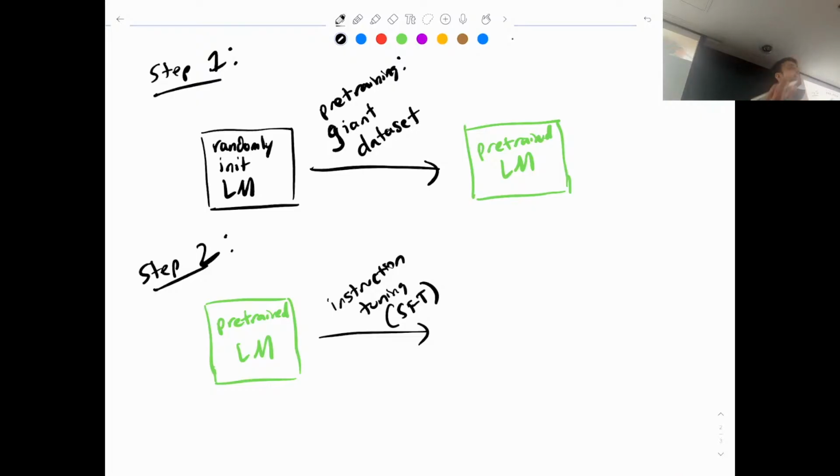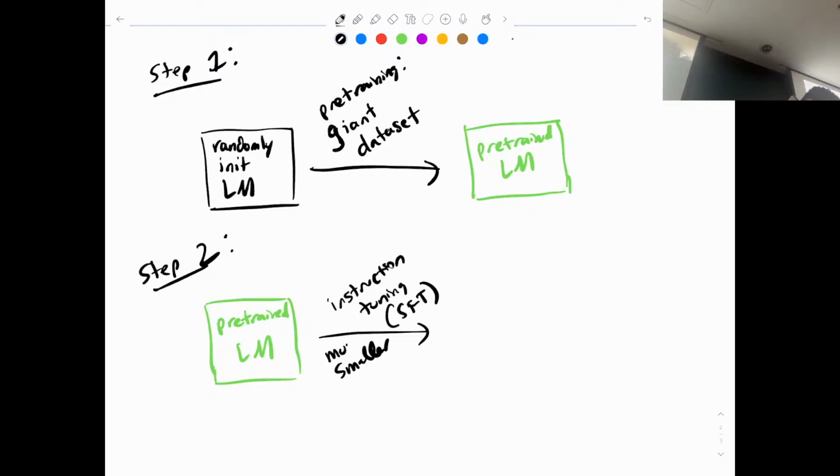So this stage requires the collection of a diverse data set of input instructions and outputs on how to follow those instructions. The data set here is going to be nowhere near as big as the pre-training data set. So I'll write that.